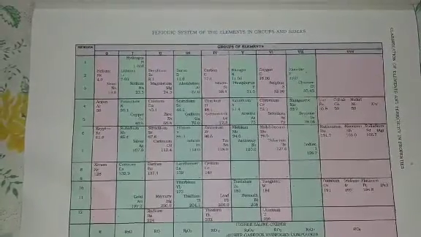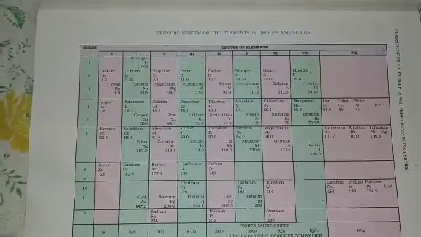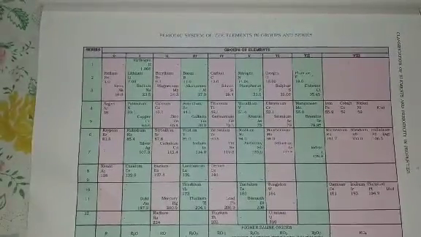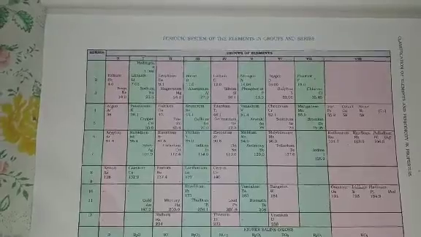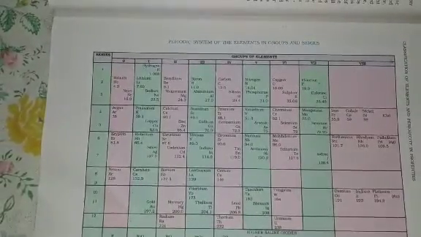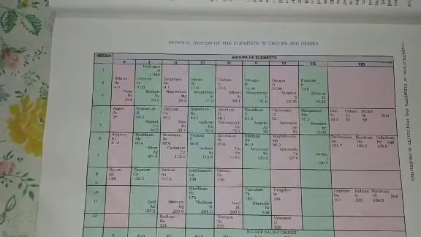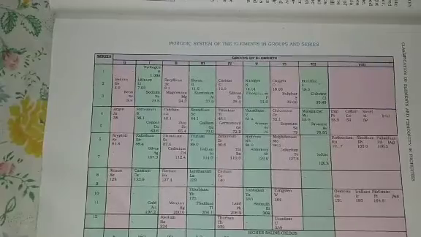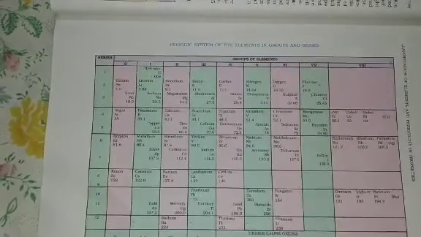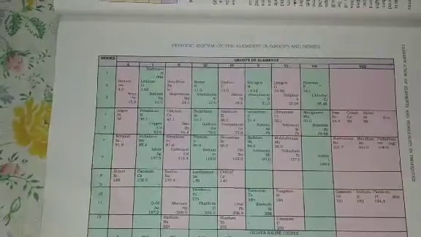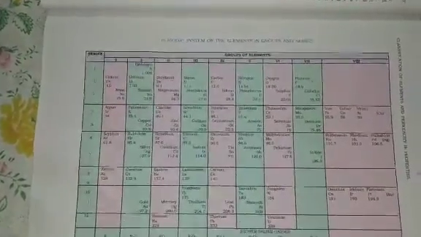So Mendeleev gave his law, known as Mendeleev's periodic law, which states that the properties of the elements are a periodic function of their atomic masses. This means that if we arrange the elements according to their increasing atomic masses, the periodicity is related to the increase in masses.